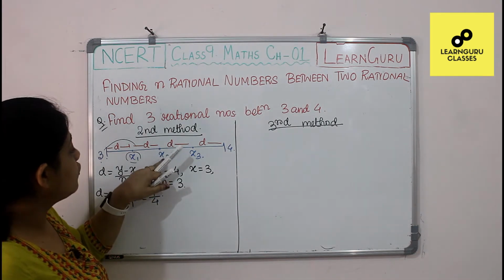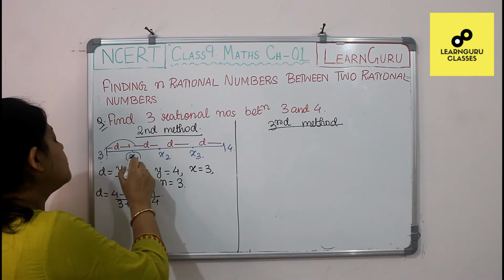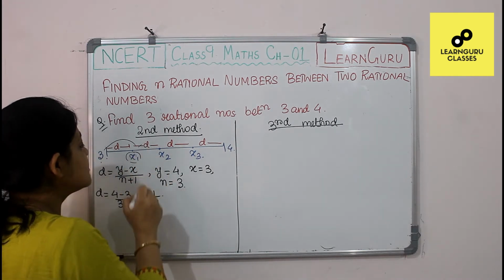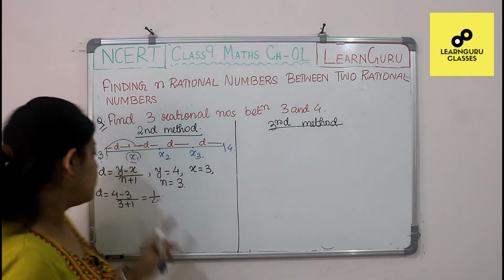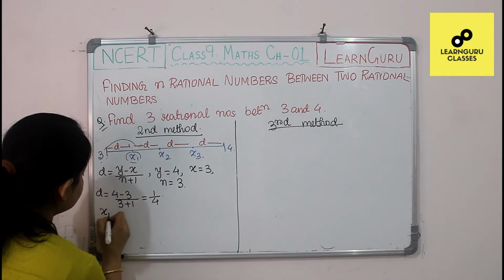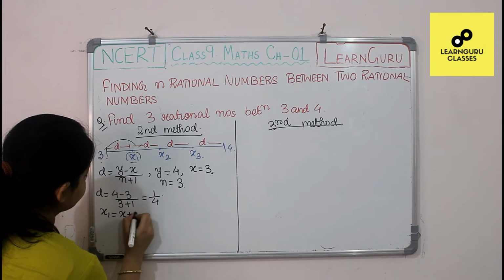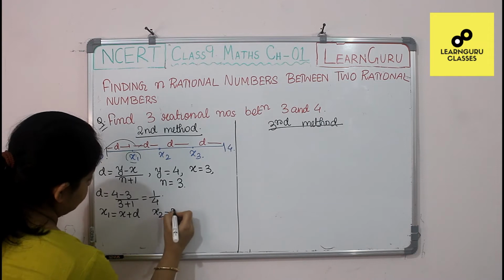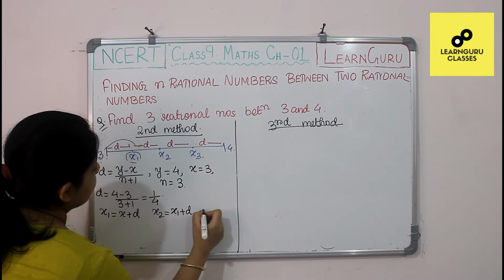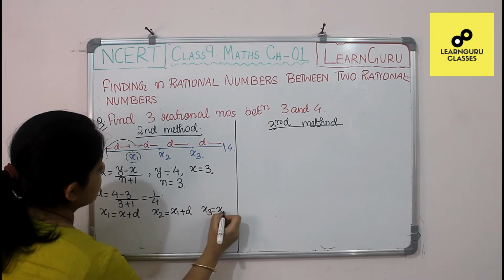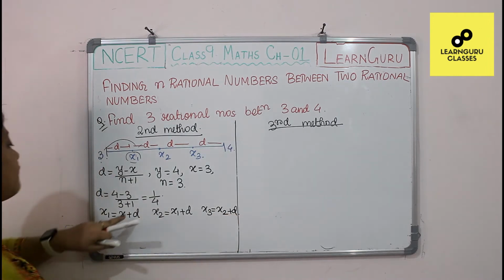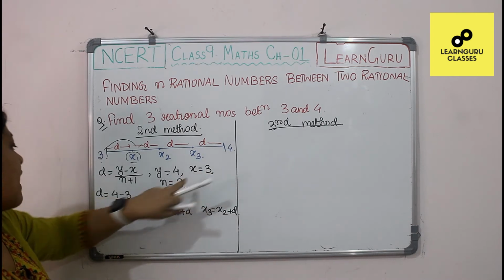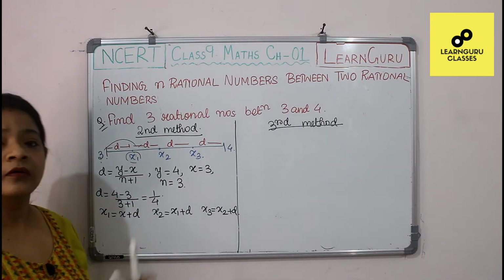Then when you go to x2, you have to start from x1, travel a distance of d and come to x2. So in this case, can I write x1 as x plus d? Yes. Can I write x2 as x1 plus d and x3 as x2 plus d? Yes. So I already have the value of x, and we know the value of d.